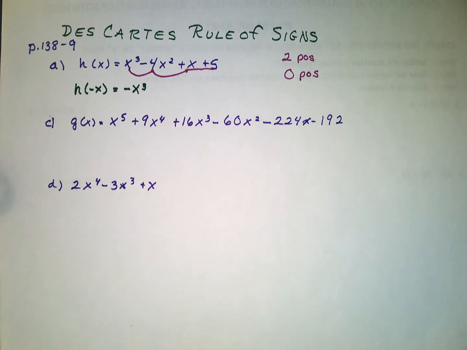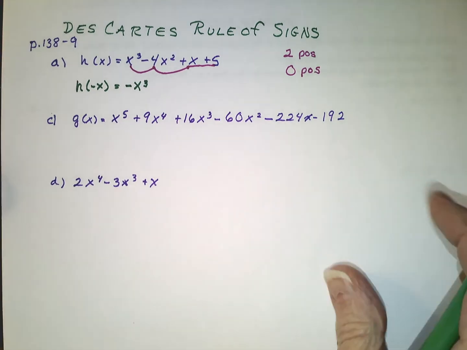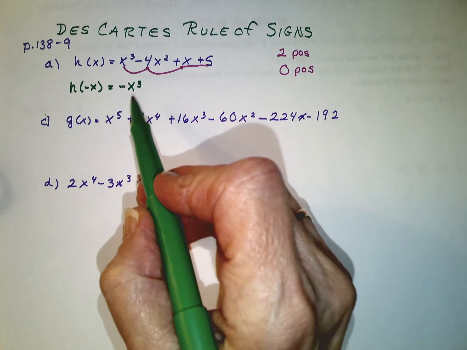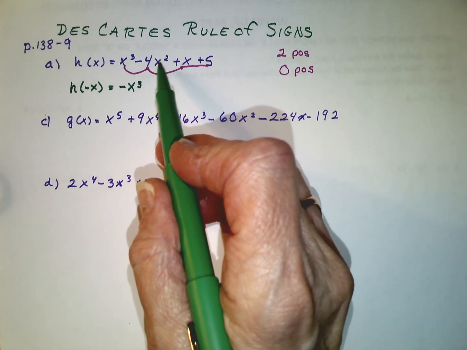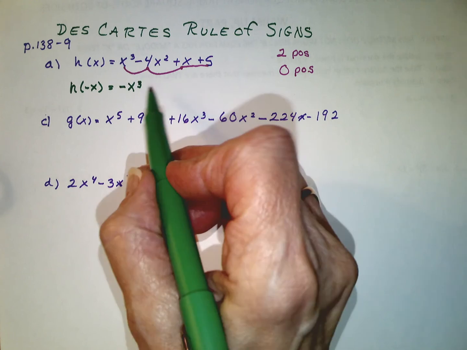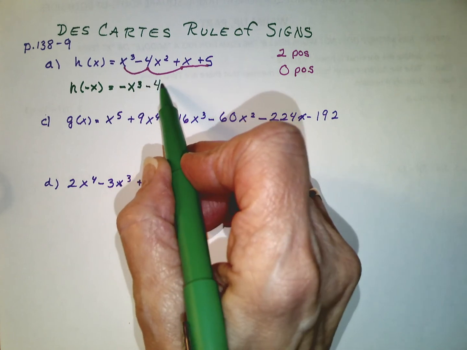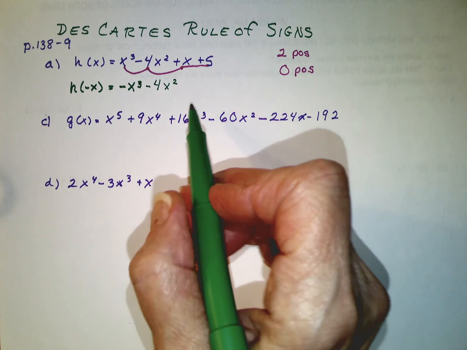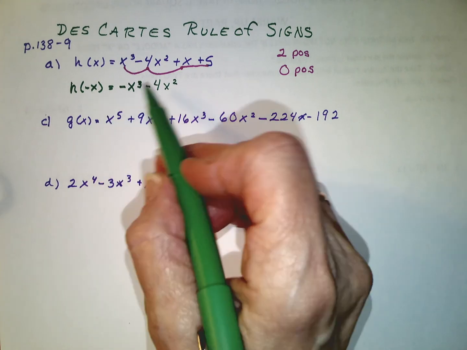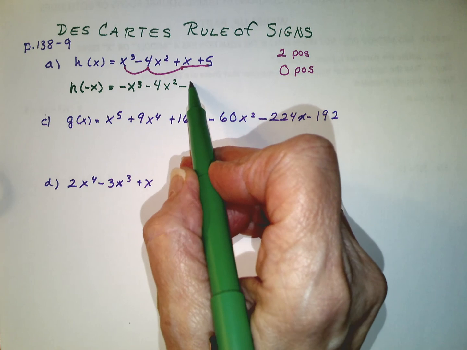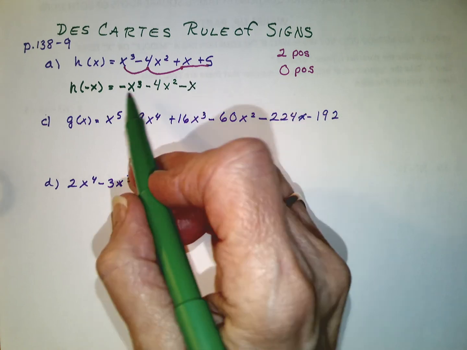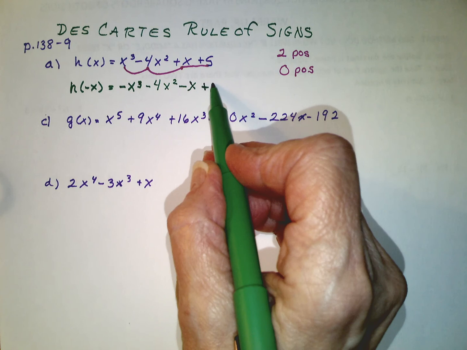And if we put a negative x in here and square it, that's going to make it positive. Times a negative 4, this will still be a negative 4x squared. We put a negative x in here, this x will become negative. And the positive 5 is going to stay positive 5.